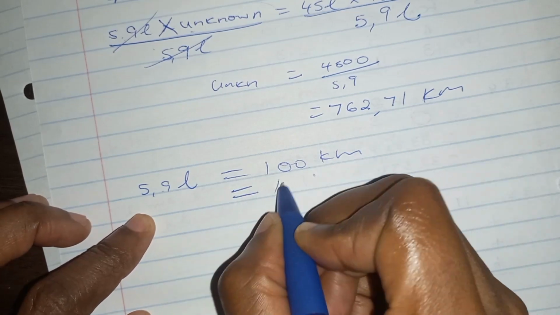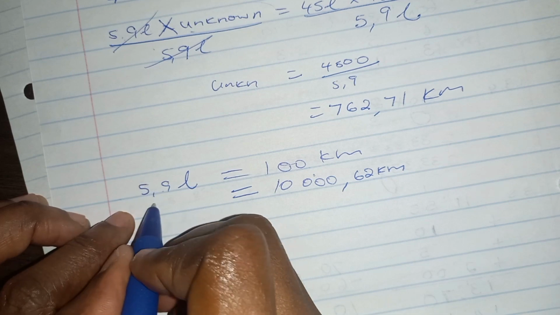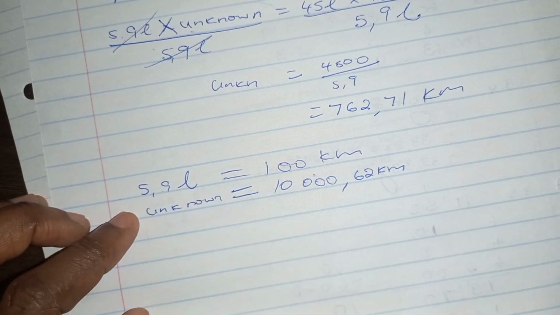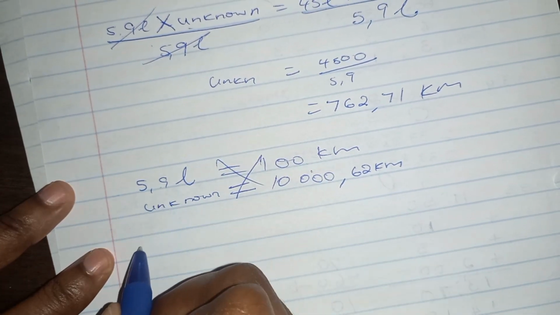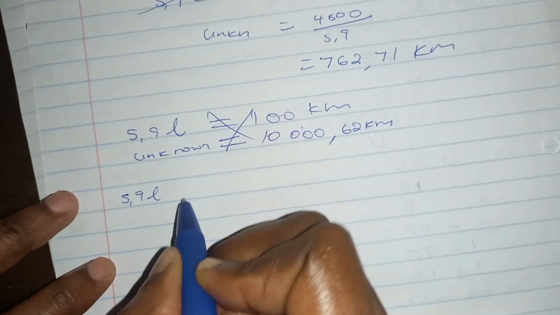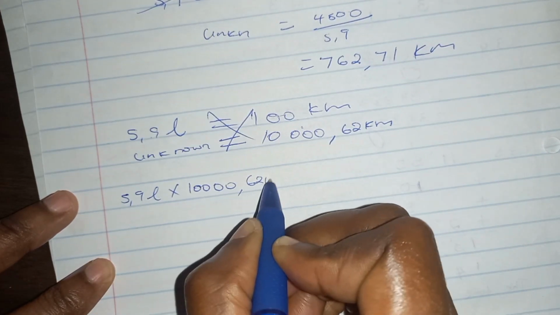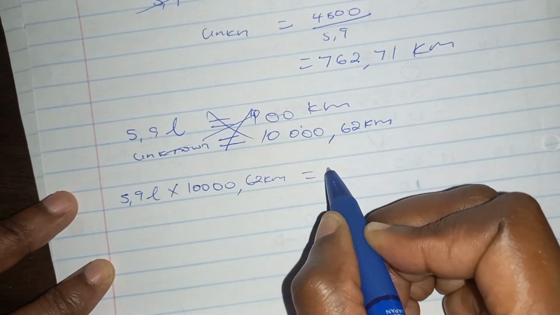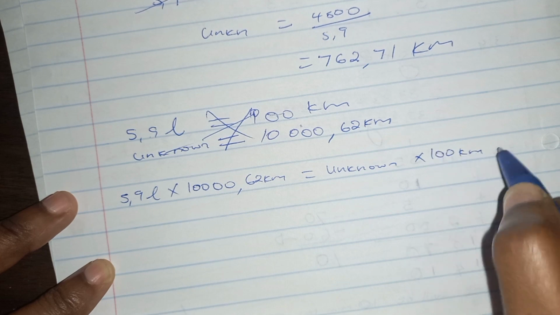Now she wants to travel 10,000.62 kilometers, and we do not know how many liters she will use, and therefore we cross multiply and get 5.9 liters multiplied by 10,000.62 kilometers is equal to unknown multiplied by 100 kilometers.